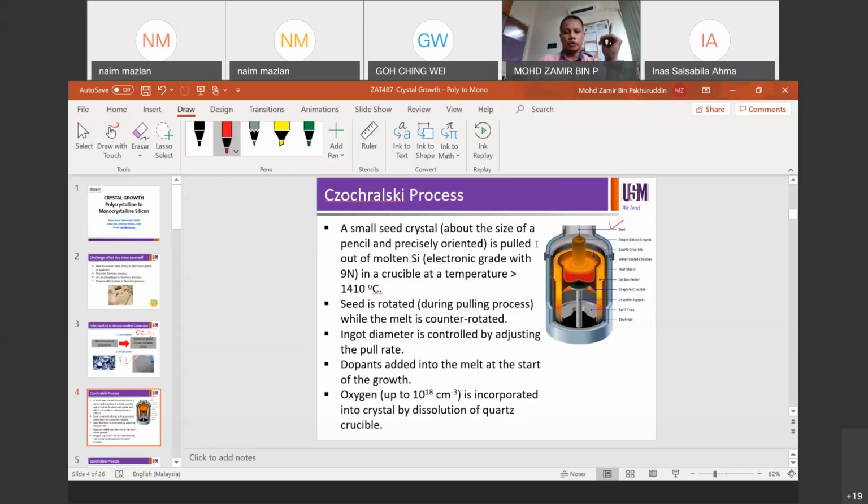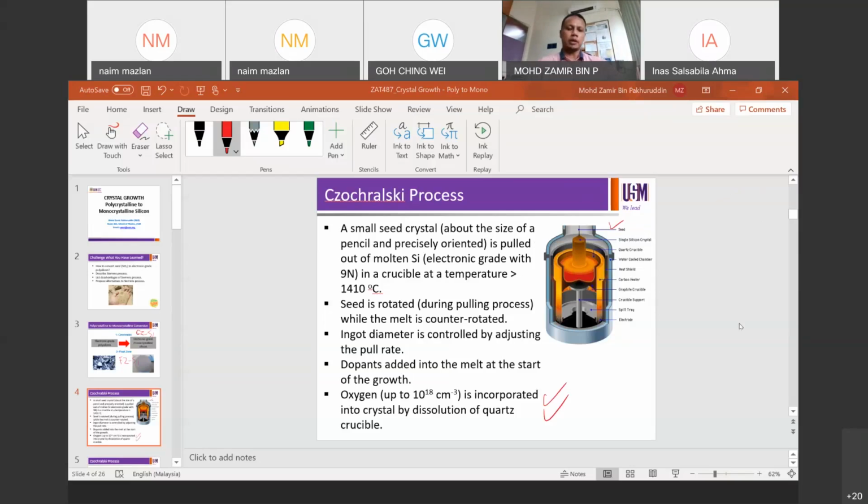It's worth noting that during the growth, we're going to end up with oxygen in the silicon ingot up to about 10 to the power of 18 per cubic centimeter, due to the incorporation of oxygen into the melt during the growth process.